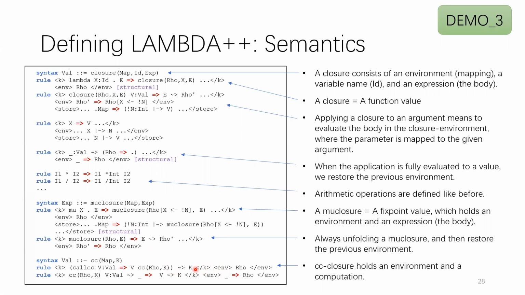If we indeed trigger the continuation, we are going to drop the remaining computation and rewrite the entire K cell into v followed by K, right? So in other words, we restore the computation K with value v under the environment rho, right? So there are two cases here. Either we trigger the continuation or we don't. If we do trigger the continuation, we follow the continuation, and we forget whatever the original computation is.